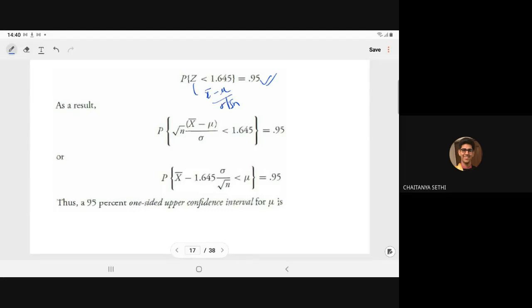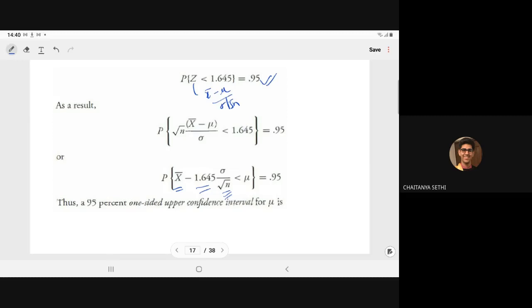So it will give you x bar minus 1.645 into sigma upon root n less than mu is equal to 0.95. That is nothing special, it is the x bar plus minus z alpha by 2 into sigma upon root n. So that is the 95% one-sided upper confidence interval for mu.